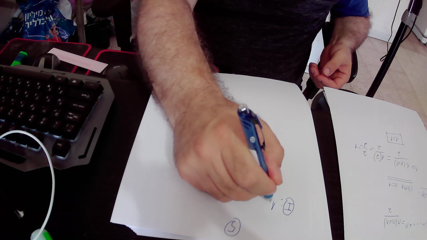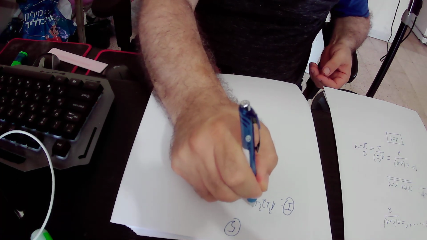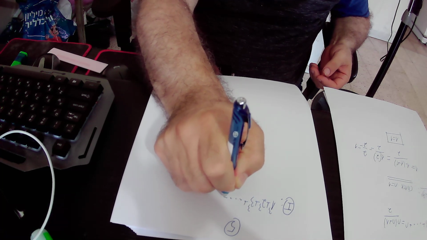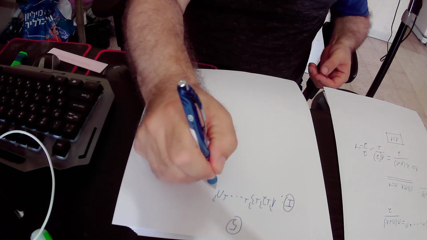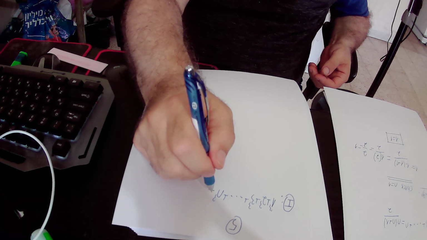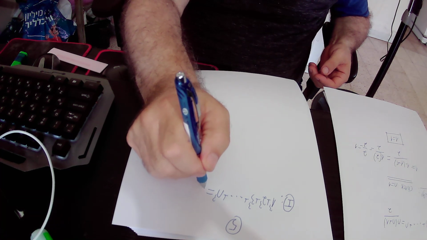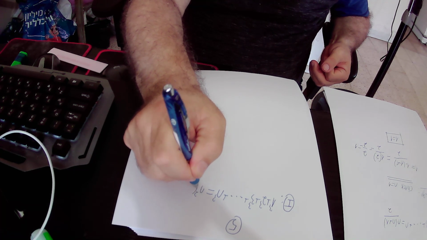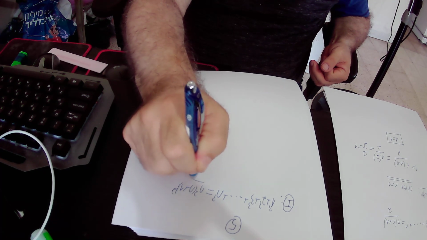It will be 1 to the power of 3 plus 2 to the power of 3 plus 3 to the power of 3 plus ... plus n to the power of 3 equals n squared times (n plus 1) squared all divided by 4.